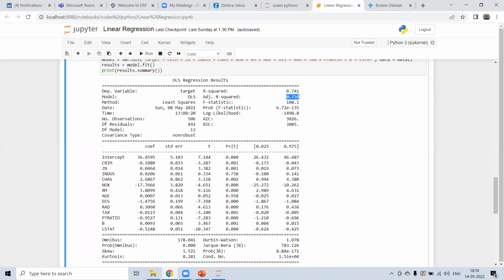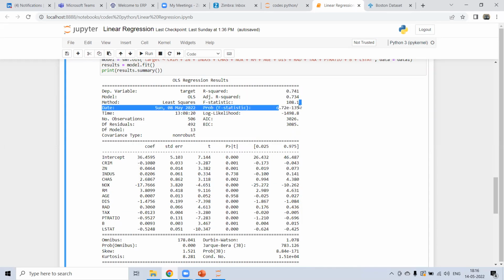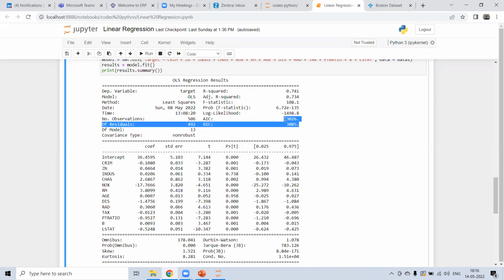I'm not going into the F statistic values because we do not use them a lot in regression, although we will discard the whole model if the probability of the F statistic is not significant, that is, not smaller than 0.05. The log likelihood value is given here too. AIC and BIC I'm skipping for now; they're not required for OLS.